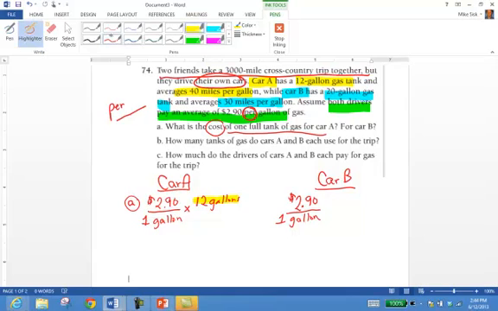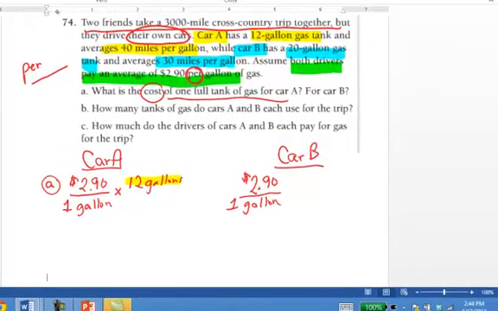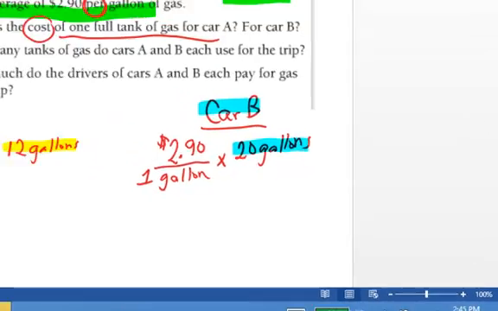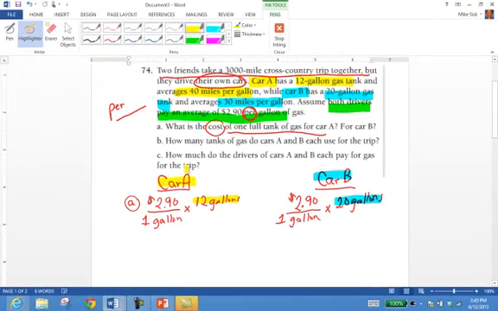Car B, on the other hand, has a 20-gallon gas tank. So I'm going to multiply this one by 20 gallons. This is car B, to give you a comparison here. Highly visual. Pause the video if you need more time to process it.